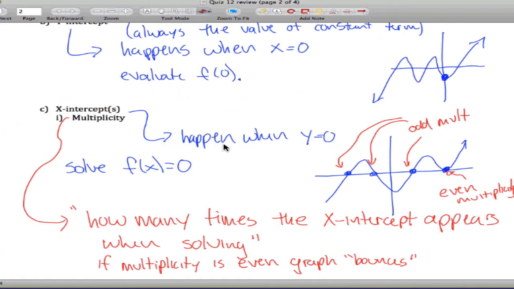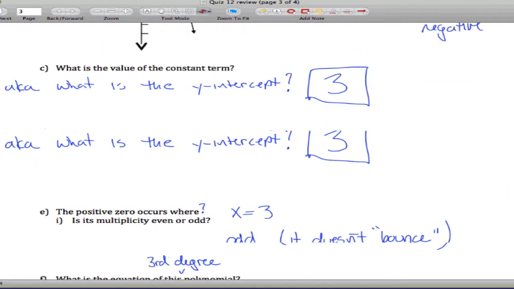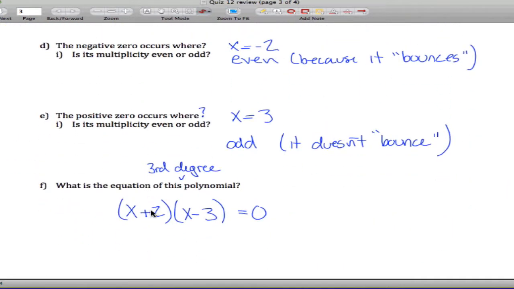The way you find the x-intercepts is you set your polynomial equal to 0 and solve. So if I ended up with -2 as an answer, I must have had x plus 2 as a factor, because x plus 2 equals 0, solve that equation and get x equals -2. If -2 is a root, x plus 2 is a factor. If positive 3 is a root, x minus 3 is a factor.